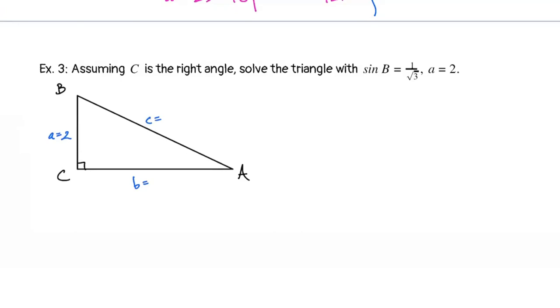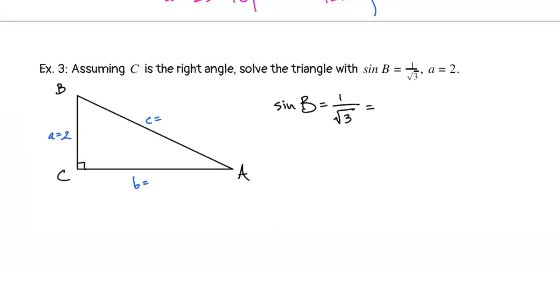Okay. Let's unpack this other piece of information. Sine B equals 1 over root 3.